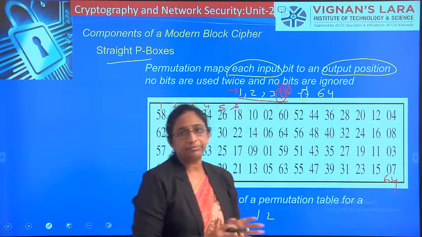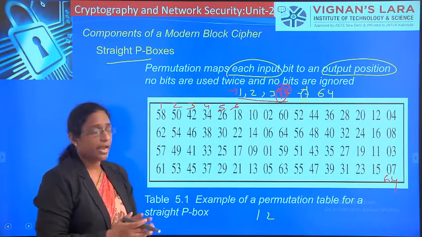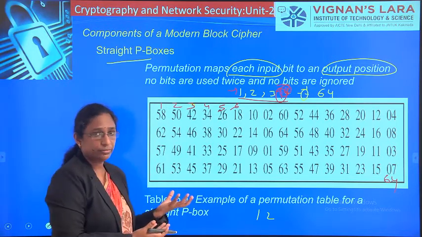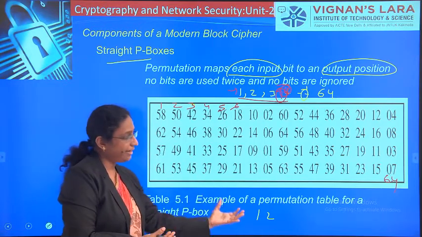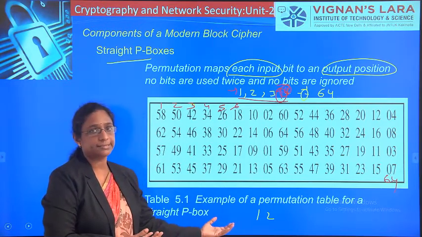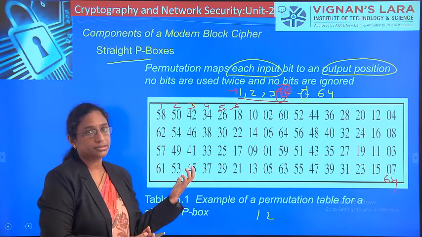So based upon the P box, if your input is 64 bits, after the mapping you will again get 64 bits. That is about the straight P box.